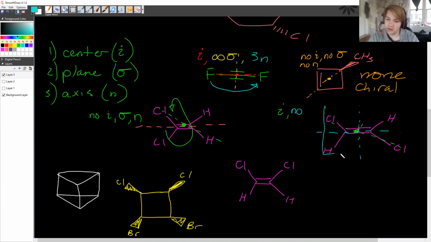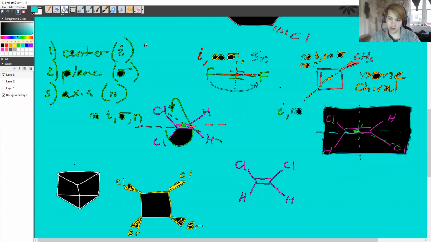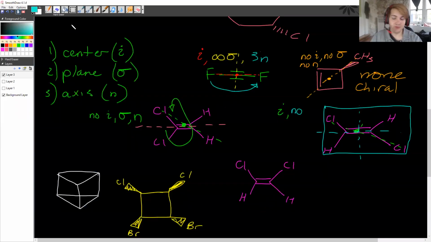If you take this thing and put a table through it and cut it right in half, the top half of the chlorine matches onto the bottom half of the chlorine. So there is a plane of symmetry here. And I believe there is a rotational axis, because if I rotate this around, I would map it onto itself. So there is for that one.